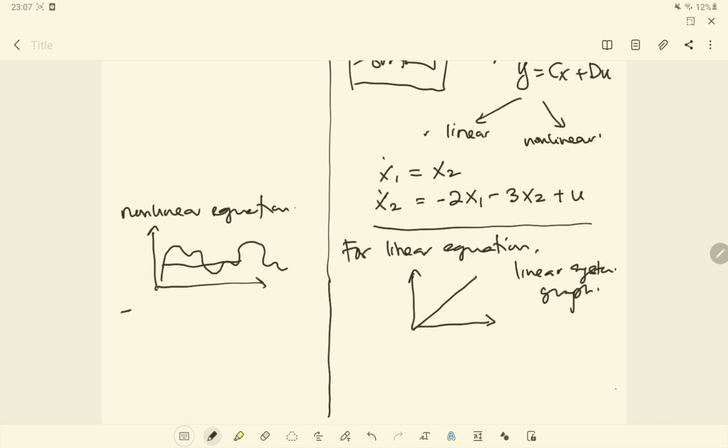So this is the difference between non-linear and linear graphs. For a linear equation, you can simply identify the equation by looking at the graph, while for a non-linear equation, it is a curve graph and it is not easy to identify the equation that represents it.